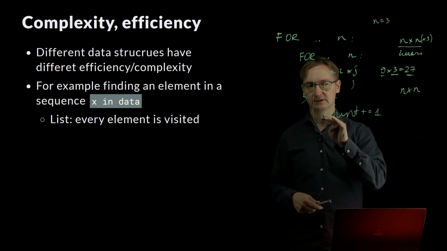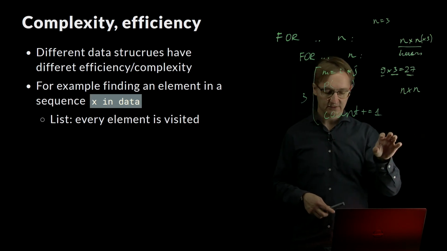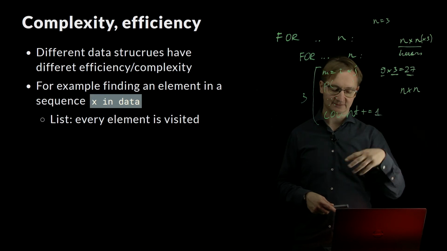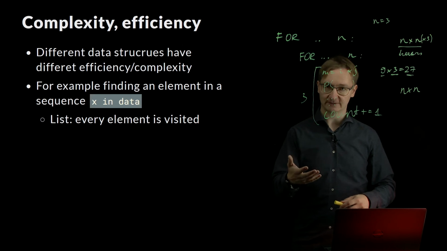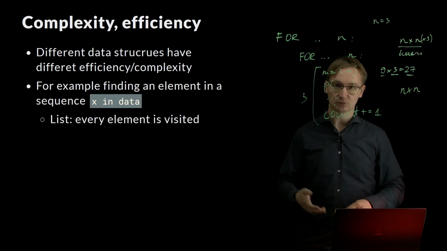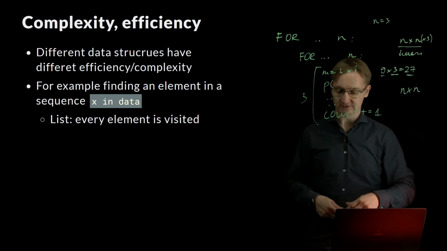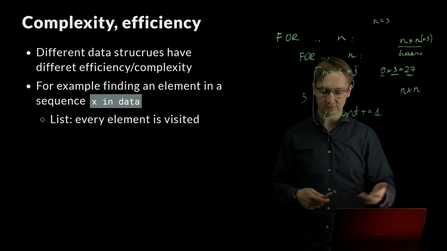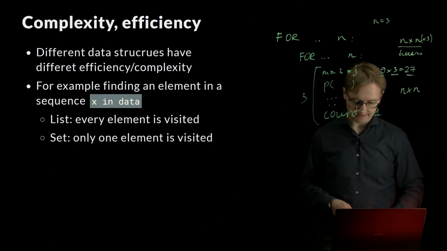Then I have to go over the first element, the second, the third, and so on. Of course, we can say that if the value I'm looking for is the first element, then I only have to visit one element, which is true. But in the worst case, I have to visit every element. And even if there's no value I'm looking for, then I still have to visit every element from the data.